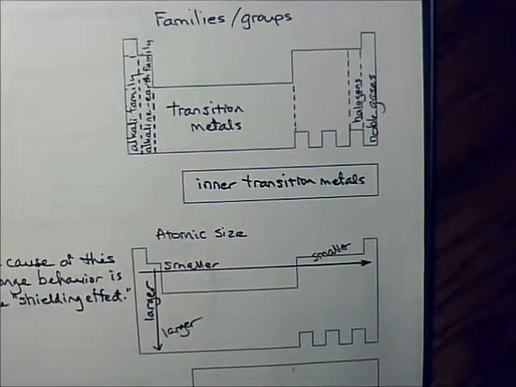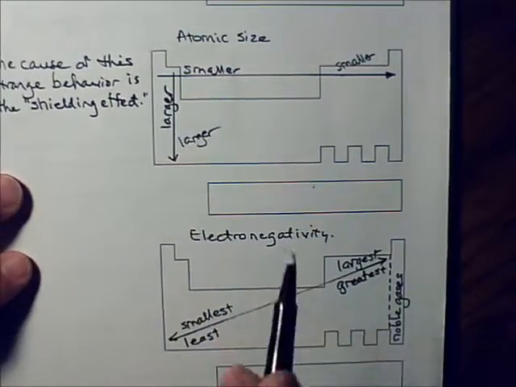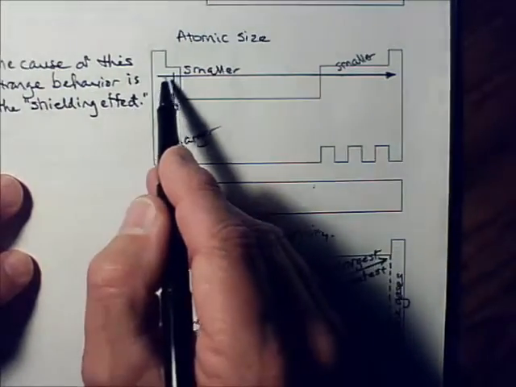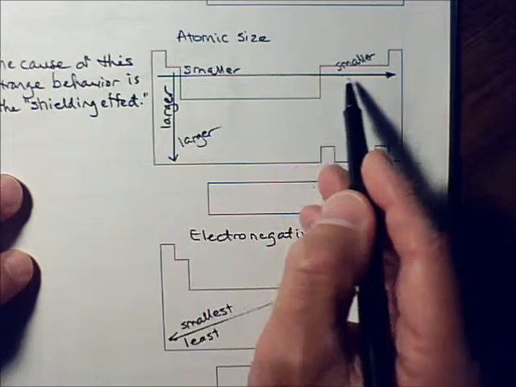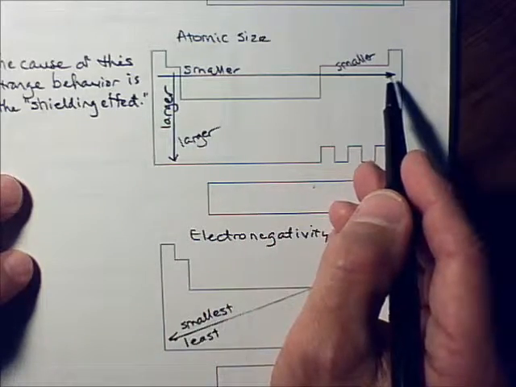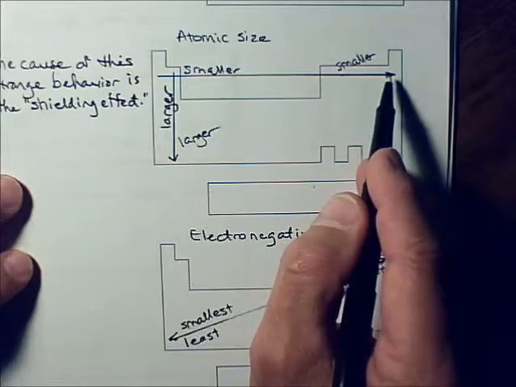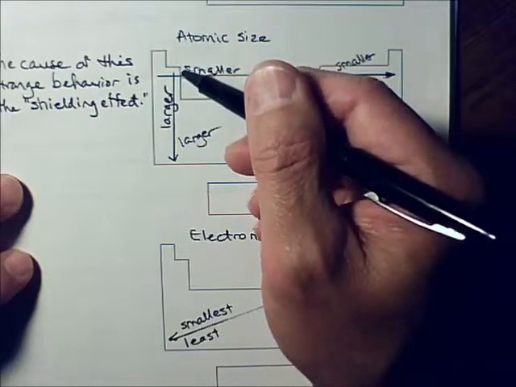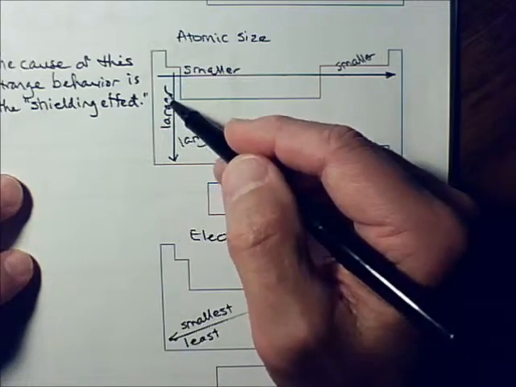Alright, we're just doing a quick review. Now, atomic size. We said that as you go to the right, across any row of the periodic table, atoms get smaller. As you go from left to right, physically, the diameter or radius gets smaller as you go across to the right. As you go down in any column, in any family or group, they get larger.